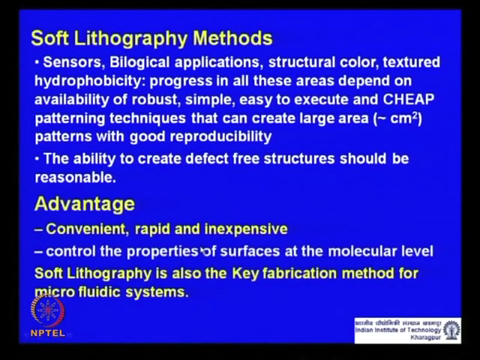Soft lithography is one of the key fabrication methods for microfluidic devices and systems because of its convenience, and also because of some historic origin, because one of the pioneers of microfluidics, Howard Stone at Princeton, did his postdoctoral studies with George Whitesides, who is the pioneer of soft lithography.